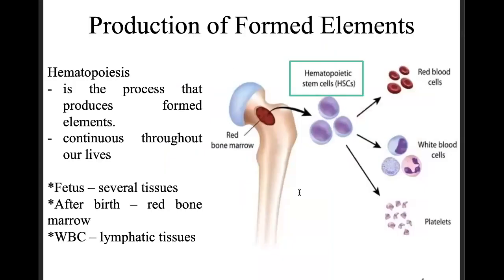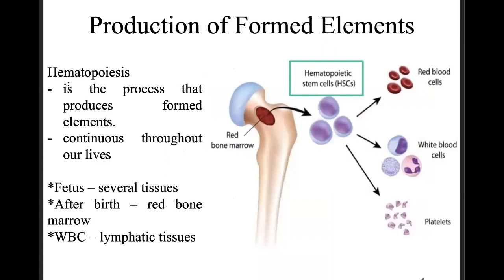The production of form elements. How are these elements being produced? We have what we call hematopoiesis. Hematopoiesis is the process that produces formed elements, and this is continuous all throughout our lives.